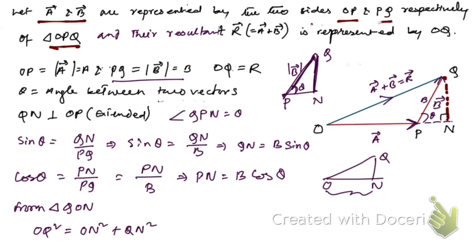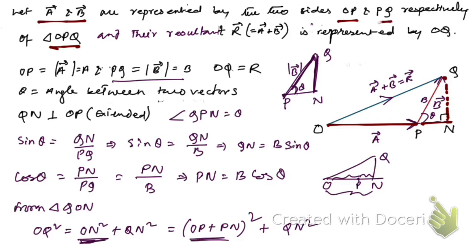Now this ON can be written as the sum of OP and PN, right? You can see clearly that the sum of OP and PN gives ON. So ON square is OP plus PN whole square, plus QN square. Instead of ON we have written this.